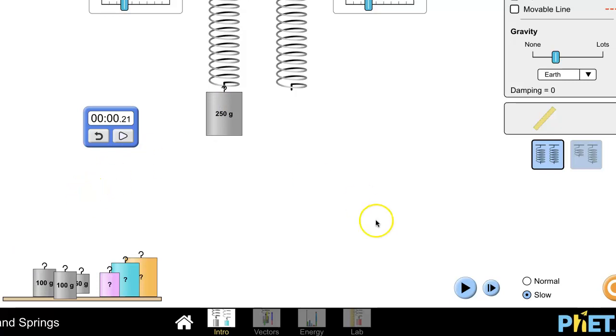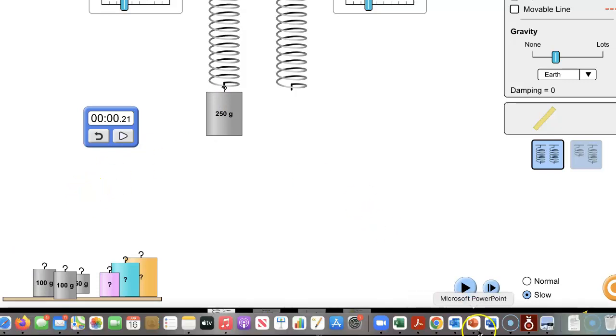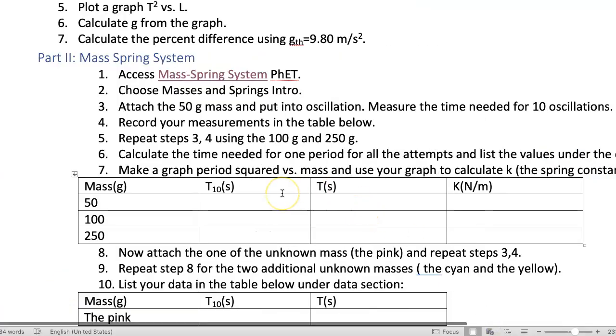All right, then this is really task number 4. Okay, as outlined here: choose masses and springs, intro, attach 50, measure the time needed for 10 oscillations, record your measurements, and repeat that for 100 and 250. Now here we are again going to have a table for the data.